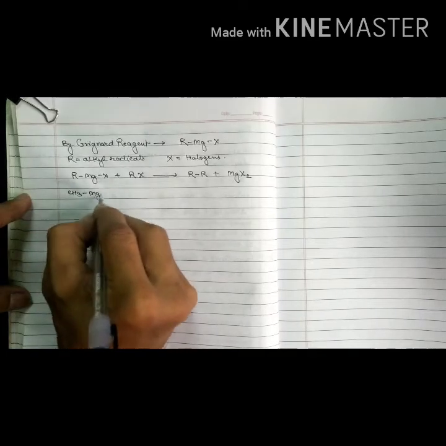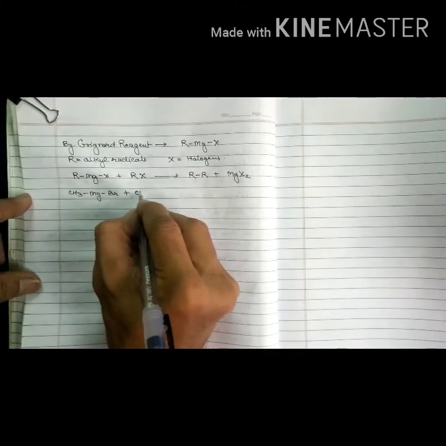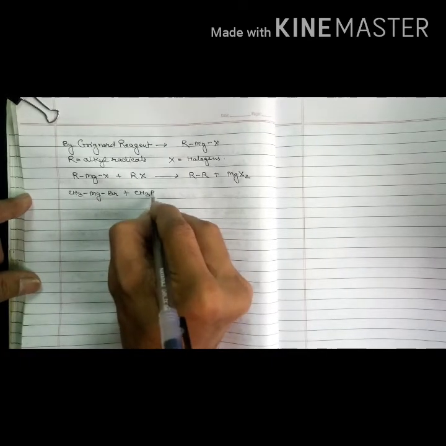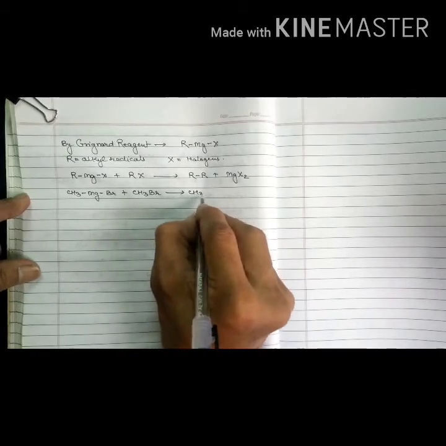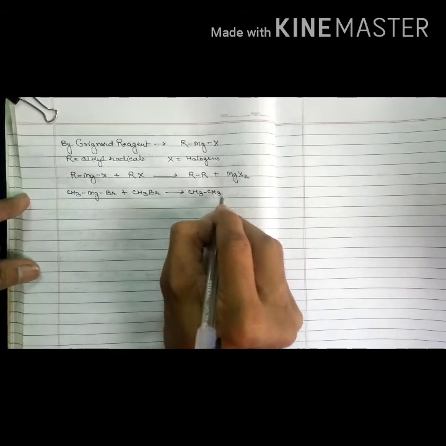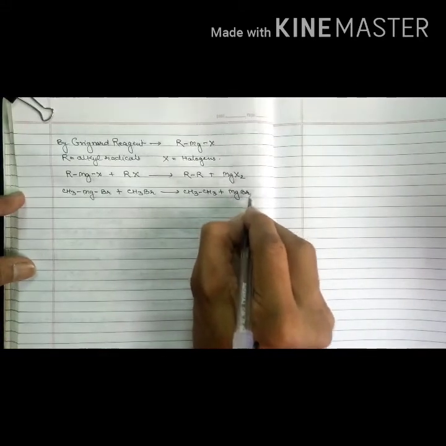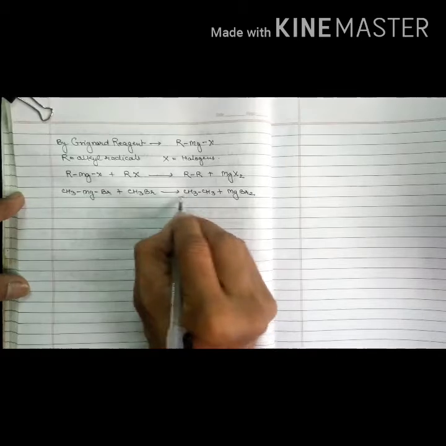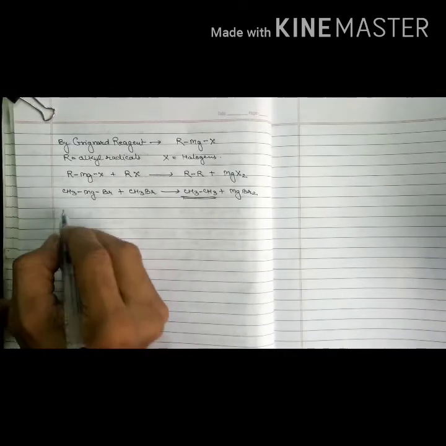CH3MgBr plus CH3Br gives CH3-CH3 plus MgBr2. So in this way we can also increase the number of carbons in a chain.